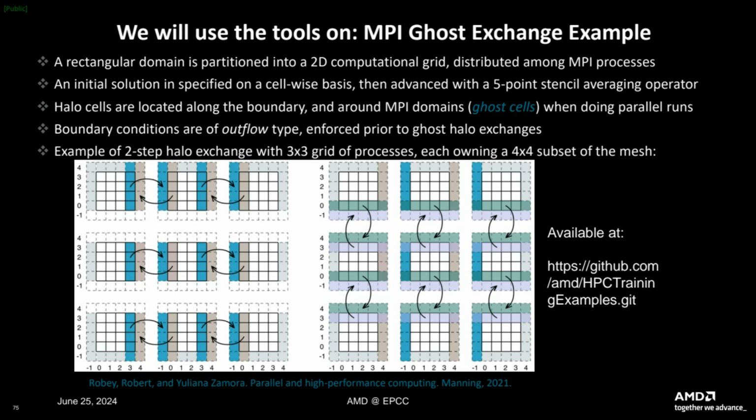It's basically just a 2D mesh that's partitioned among MPI ranks, and the solution is initially defined on a cell-wise basis, and then there's a kernel that's averaging the solution with a 5-point stencil. We have halos to enforce boundary conditions, as well as parallel exchange of information when a parallel run is performed. This halo exchange, where the ghost cells are updated, is done first horizontally and then vertically, as in the picture.